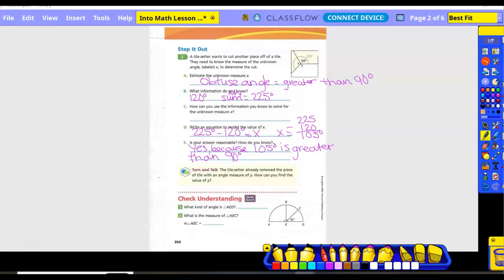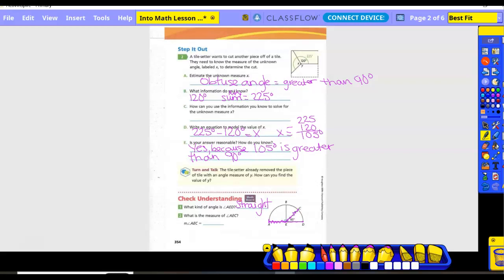Check understanding number 1. What kind of angle is AED? So what I would do, guys, is I would draw that out. AED is what kind of angle? A straight angle. What is the measure of AEC? Okay, so they want AEC. And just kind of lightly do that so you're focusing on that.